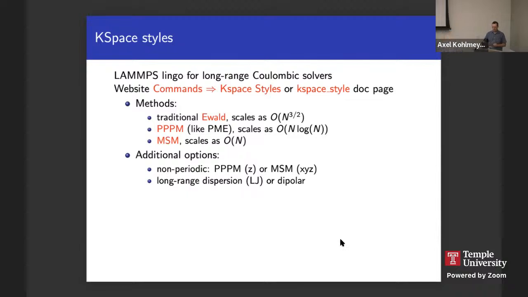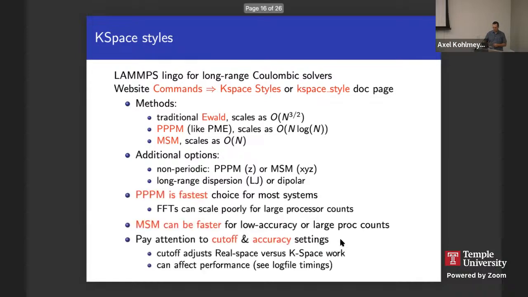There are also options for long-range dispersion, so it's basically an infinite cutoff for Lennard-Jones, as well as dipoles. As I said, PPPM is typically the fastest for most systems. If you have a really huge simulation, then the FFTs may not scale well at large processor counts. MSM can be faster if you're running low accuracy or very large processor counts.